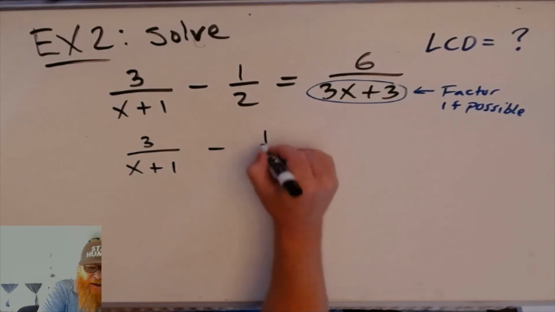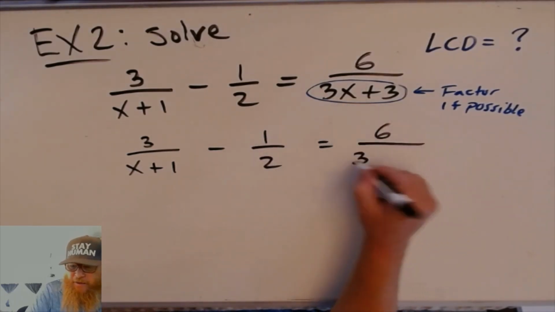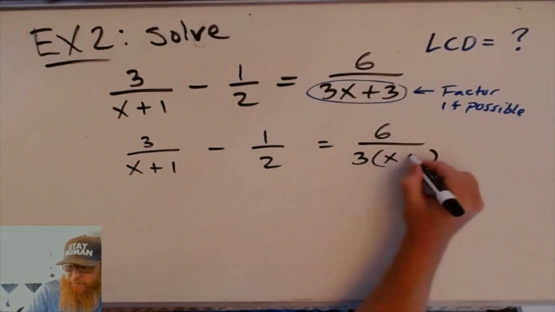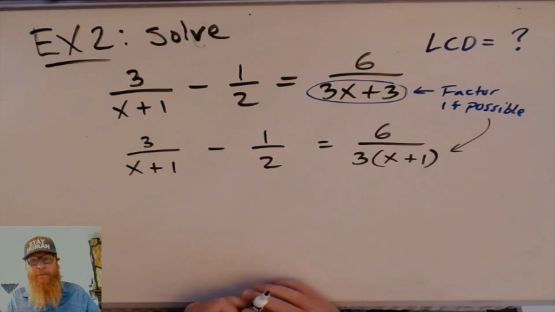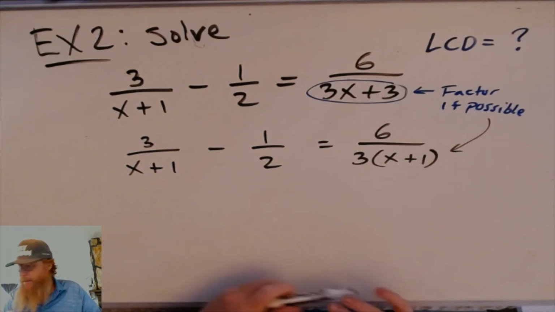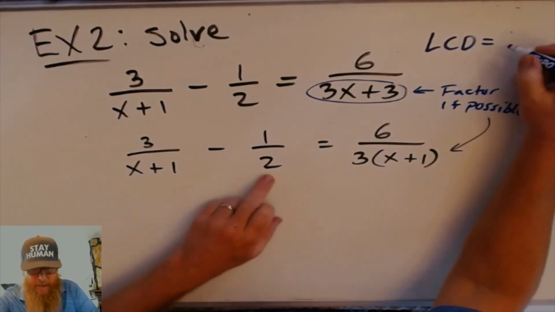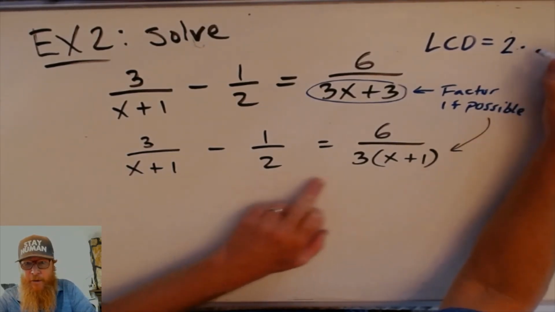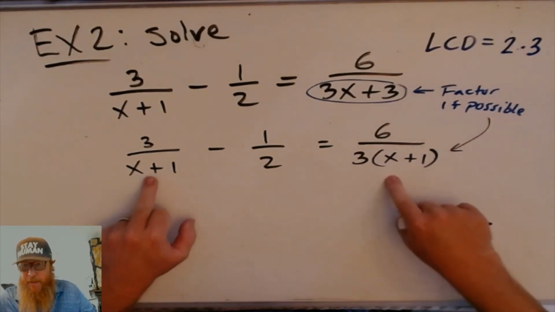So we want to factor the denominator here. That's going to be 3 parentheses x plus 1. That's the factorization of 3x plus 3. So our LCD is going to be 2. We've got to use all the denominators. 3 and x plus 1.